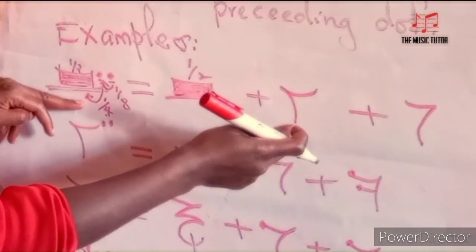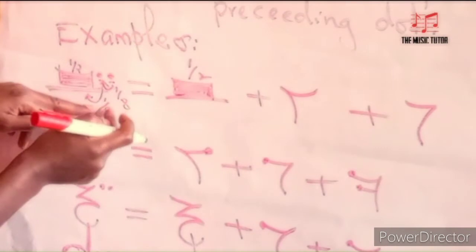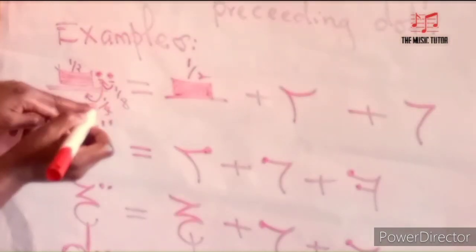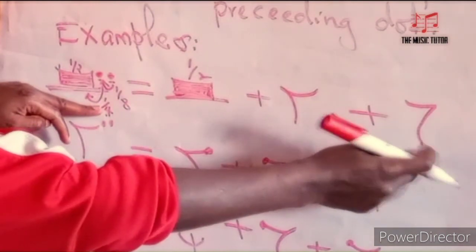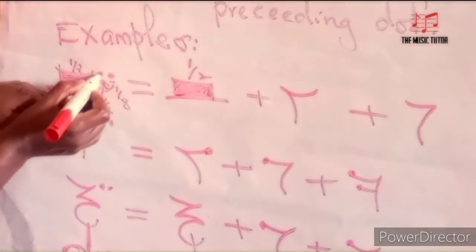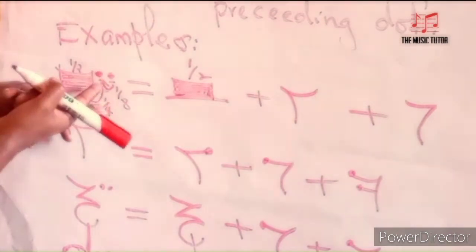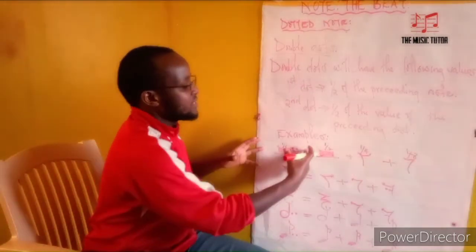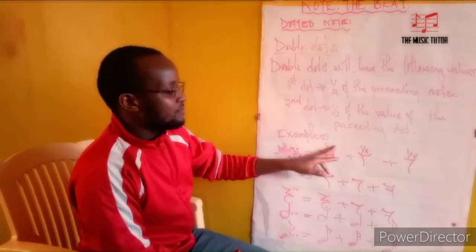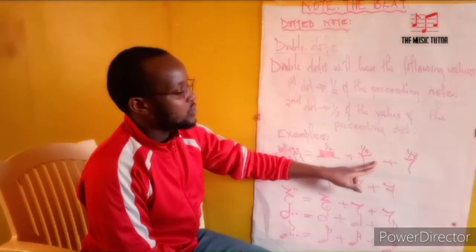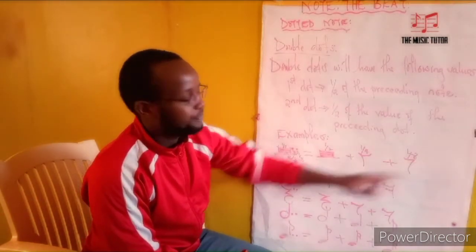This is half the minim, which is this quarter note. And this one is an eighth of a note, a quaver, which is half the value of this. So the length will be a half plus a quarter plus an eighth: a minim plus a crotchet plus a quaver.